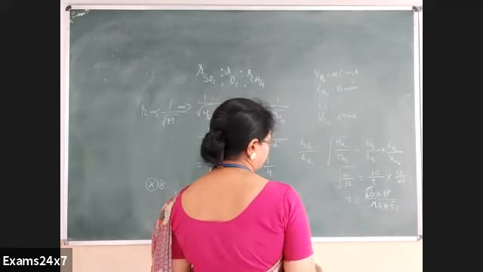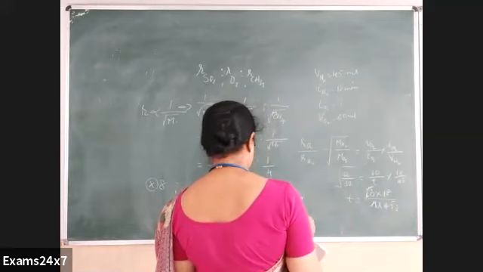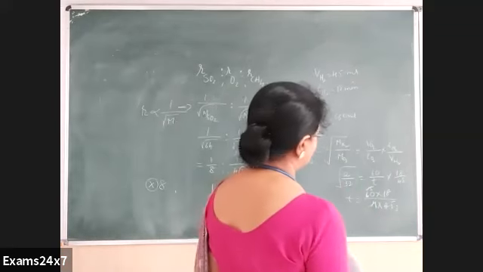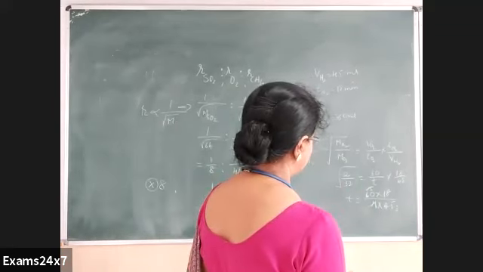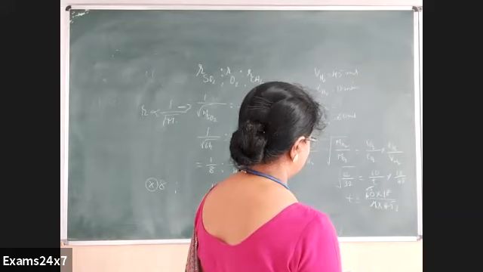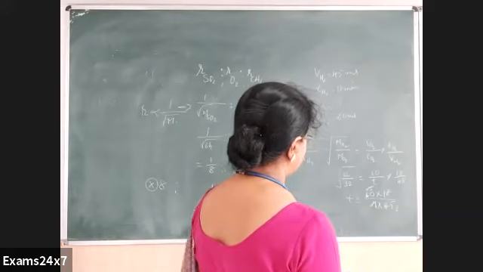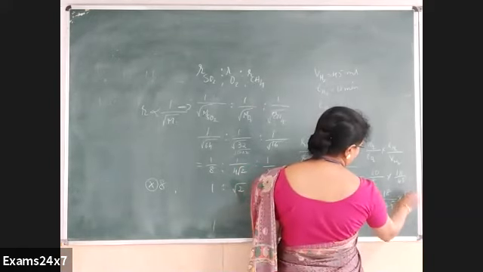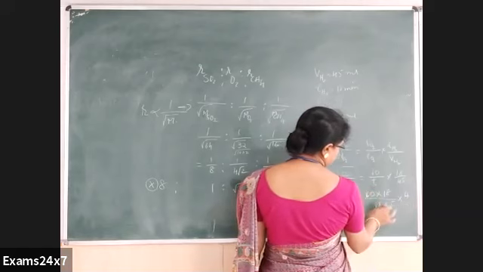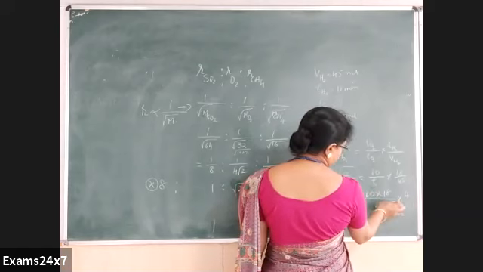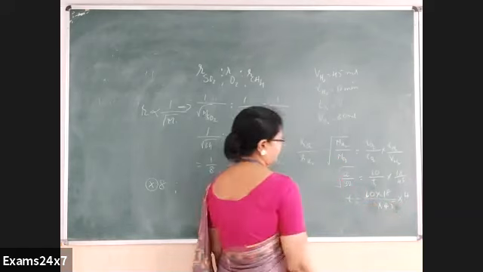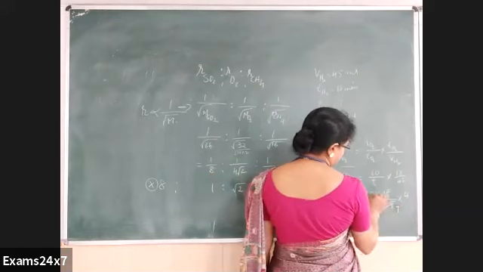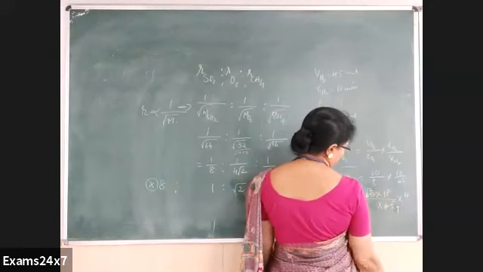How much do you get? It's 1 by 4. This 4 should go here into 4. Five nines are 12.